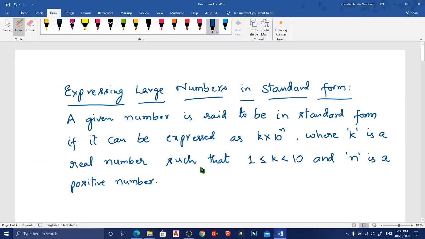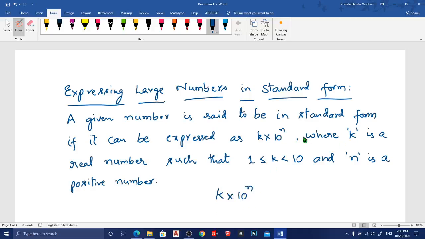Listen here. Expressing large numbers in standard form by using the following rule, which is the definition also. A given number is said to be in standard form if it can be expressed in the form k into 10 to the power of n. Almost all we are writing like this only.